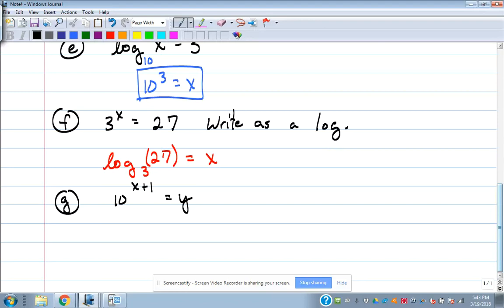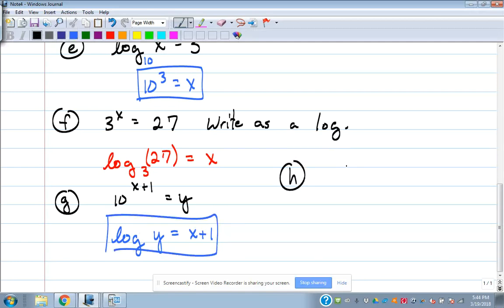What's the base there? 10. So that turns into log of what is equal to what? Log of y is equal to, remember, the exponent is always what it's equal to.